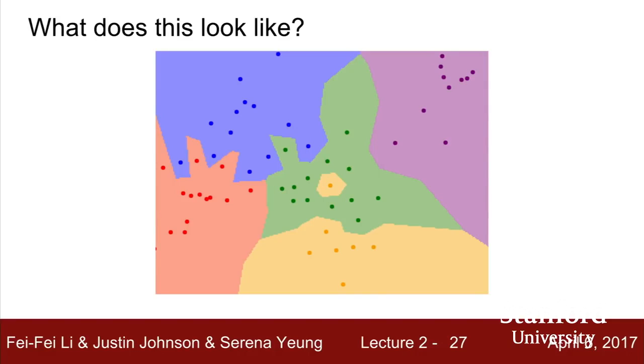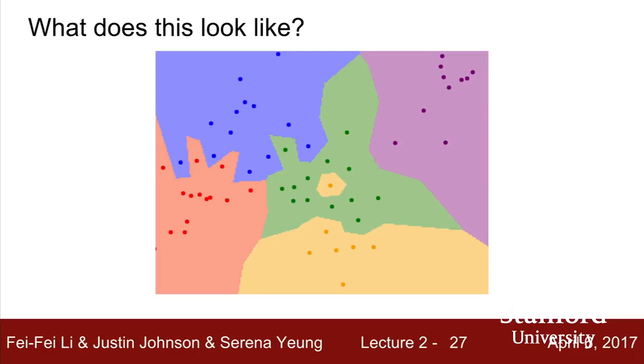So here we see we have 5 classes, and some blue ones up in the corner here, some purple ones in the upper right-hand corner. And now for each pixel in this entire plane, we've computed the nearest example in the training data, and then colored the background according to that class label. So you can see that this nearest neighbor classifier is just carving up the space and coloring the space according to the nearby points.